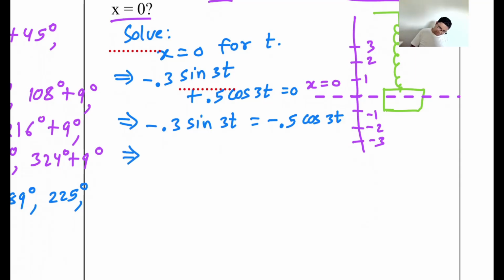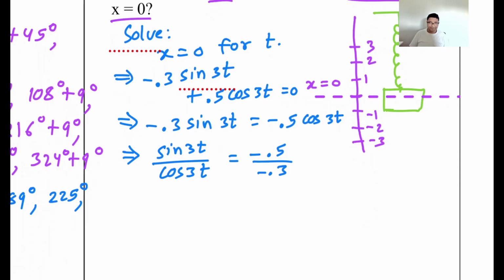You want to solve for t, right? So you combine them to get one single trigonometric function. The best way you can do that is to bring the cos 3t to the left and divide. So sine 3t divided by cos 3t, cross divide, equals minus 0.5 divided by minus 0.3.